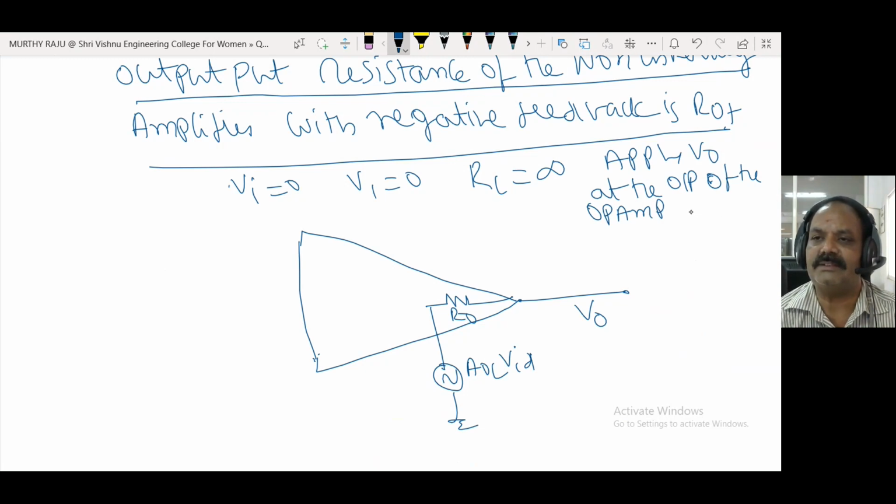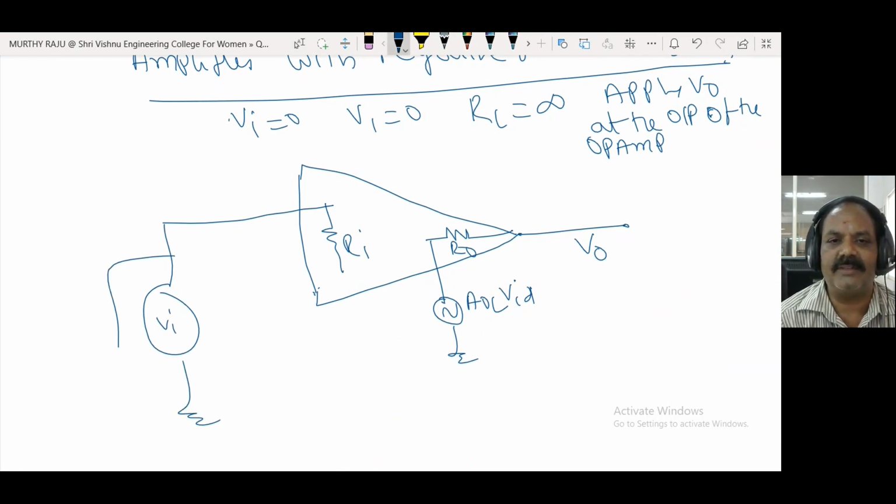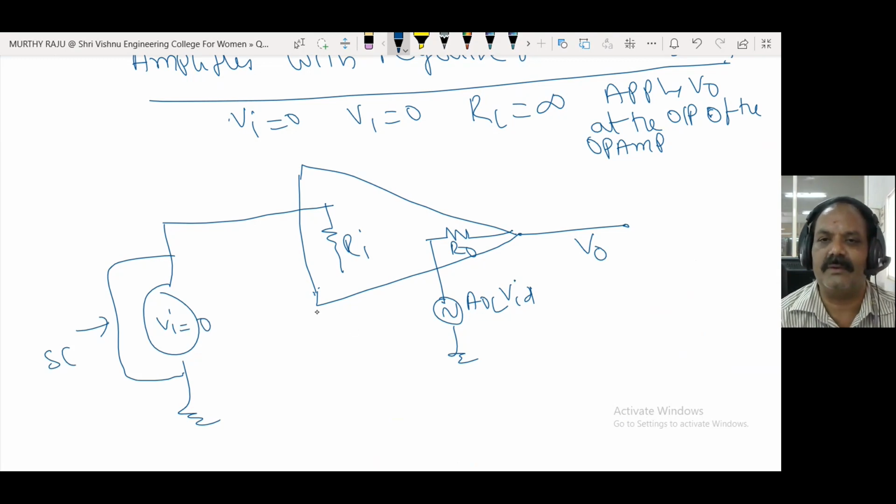The current coming from that V0 is I0. This one is RI. This one is VI. VI is set to 0, meaning short circuited. Therefore, VI is equal to 0.